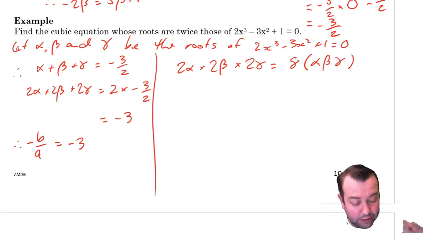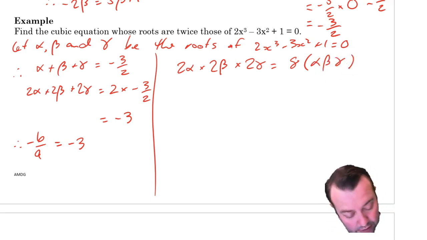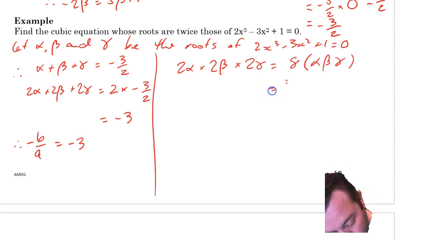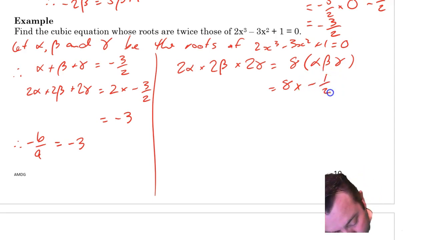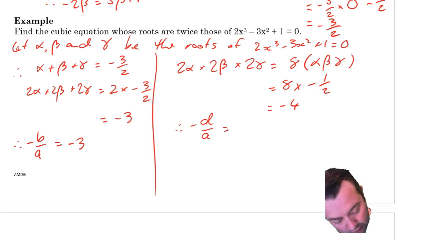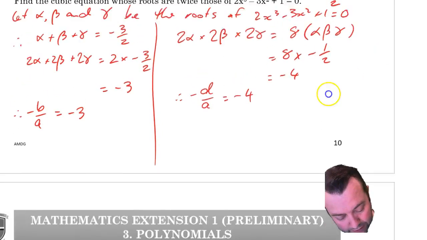Because it's double each of them, so it's 8 times the product, and that equals 8 times negative d over a, which is negative 1 over 2, equals negative 4. So therefore, negative d over a equals negative 4. Right, 2 parts done.